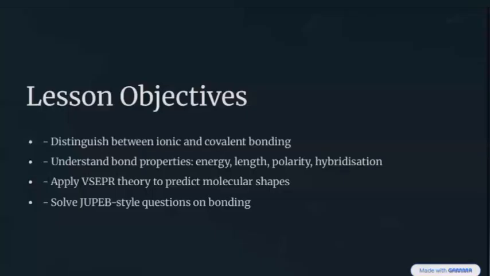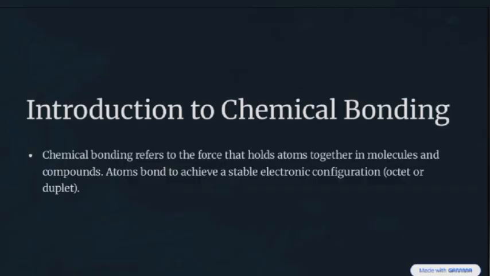So moving in, we'll start by defining what chemical bonding is. Chemical bonding refers to the force that holds atoms together in molecules and compounds. Anything that is going to be bonded together has to be held by something.